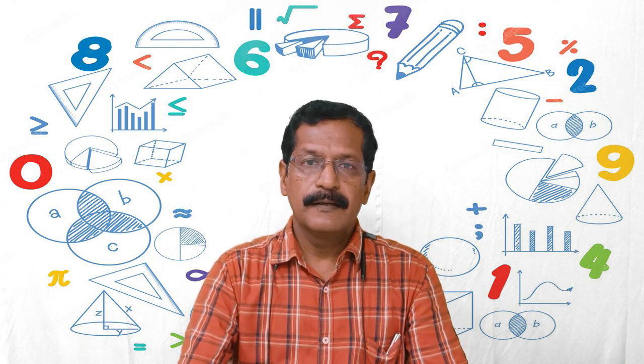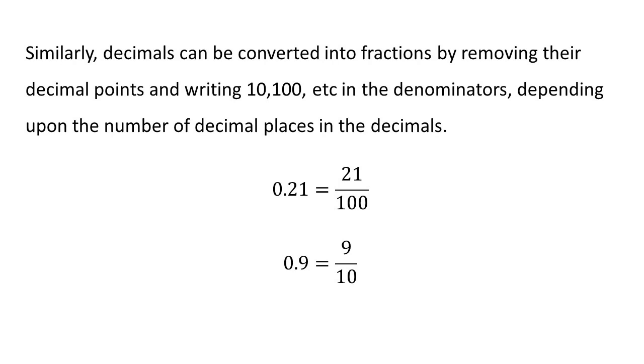Similarly, decimals can be converted into fractions by removing the decimal point and writing 10, 100, etc. in the denominator depending upon the number of decimal places in the decimal. For example, 0.21.